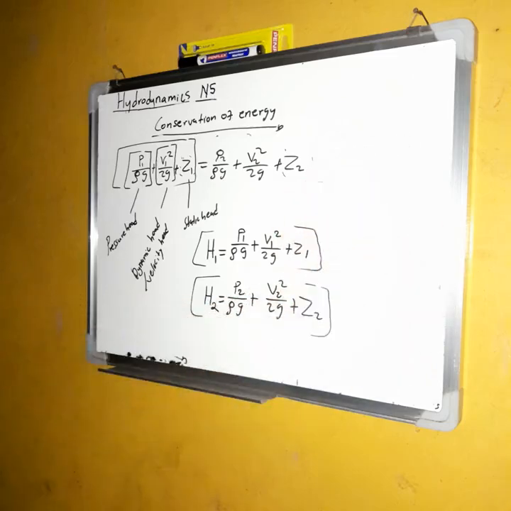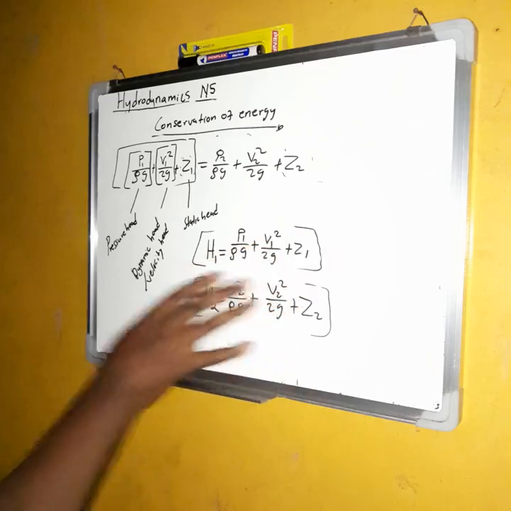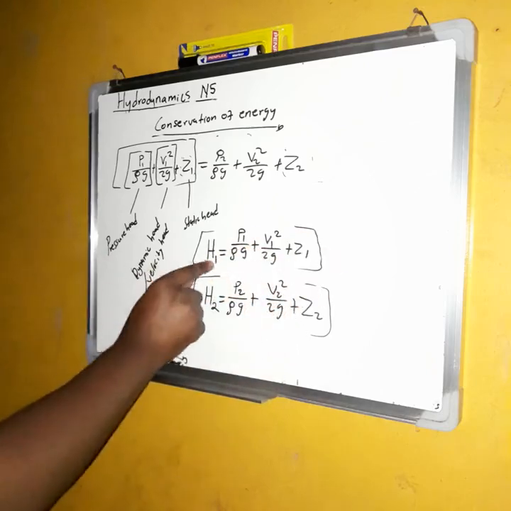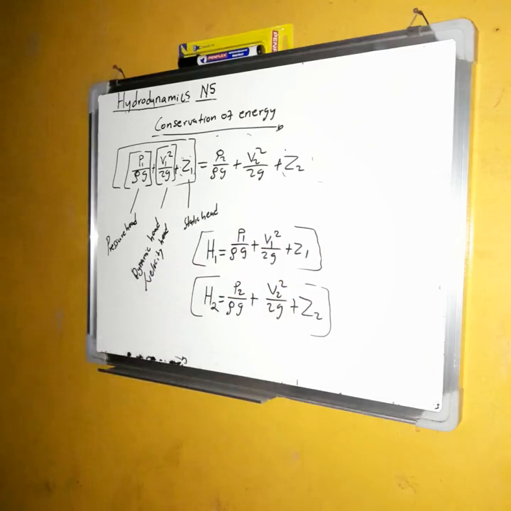You will use this, and you must multiply by this, when you are dealing with power. This H is used so much when you are dealing with power, so you must know your stuff there.